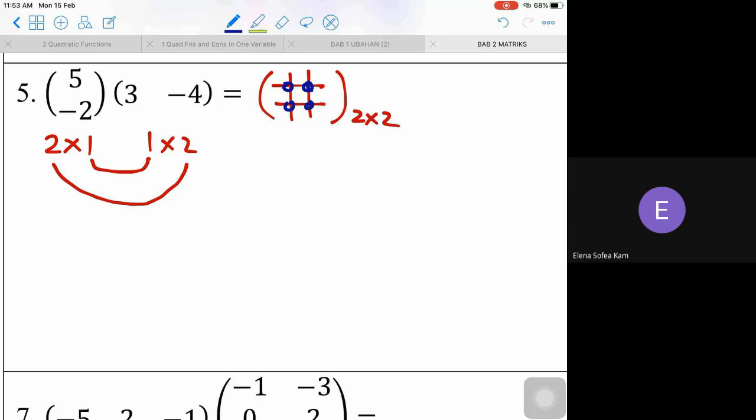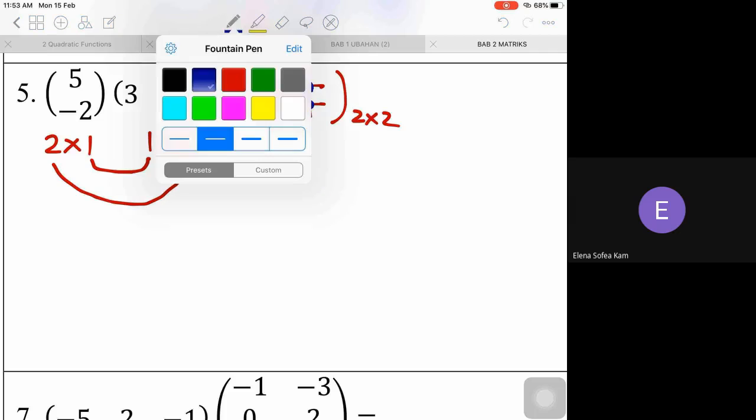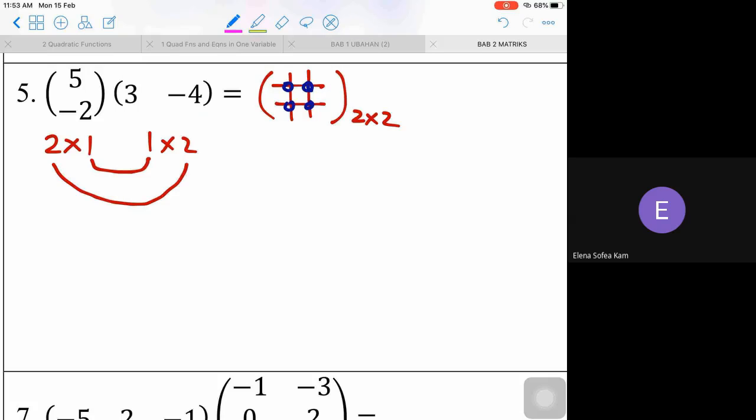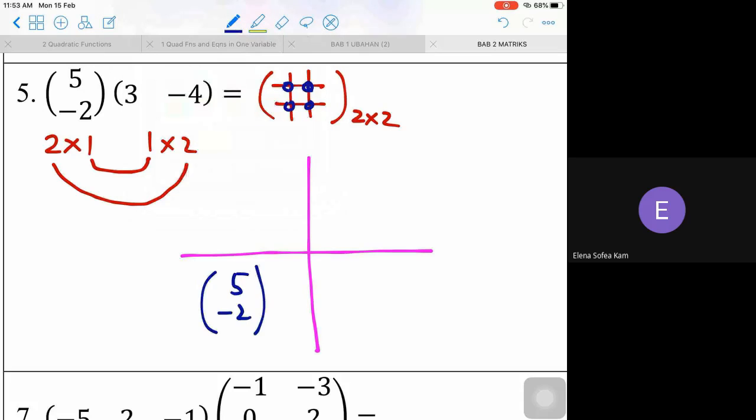So now we can start our multiplication. We do the cross first. First matrix in quadrant 3, 5, negative 2. Second matrix in quadrant 1, 3, negative 4. Okay, after that, 1, 2.